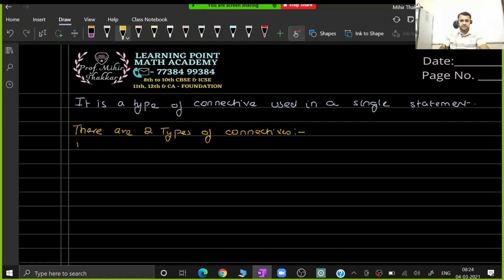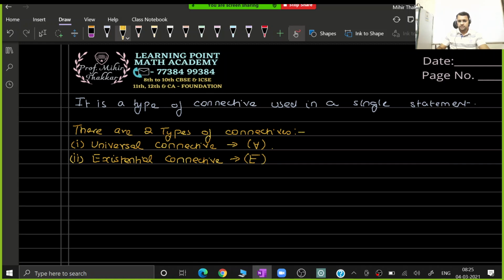One is called as universal connective, which is denoted by this notation, and the second one is called as the existential connective, which is denoted by this notation, like this.